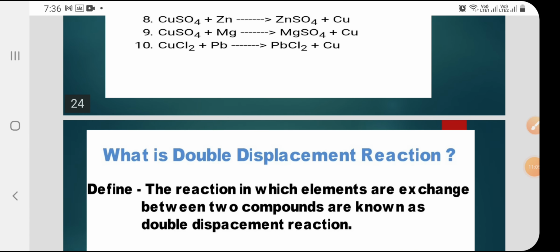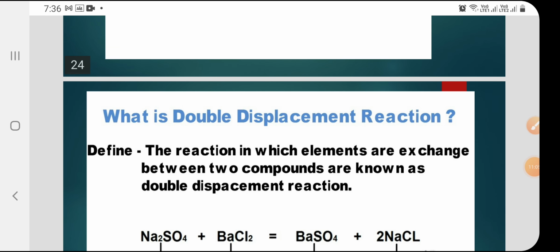Now what is your work for today? You have to write the definition of decomposition reaction and one reaction, and then write the three classifications of decomposition reaction, thermal, photolytic and electrolytic decomposition reaction, with at least one example each in your classwork copy.